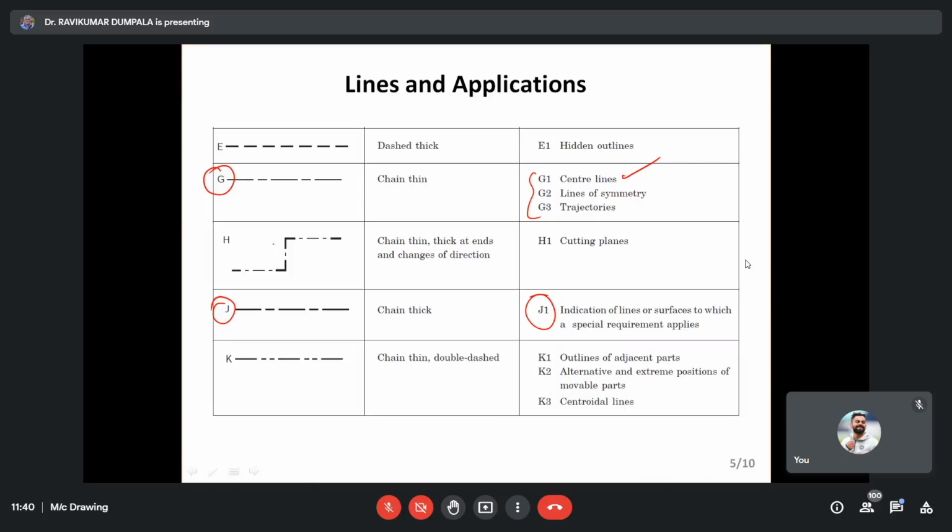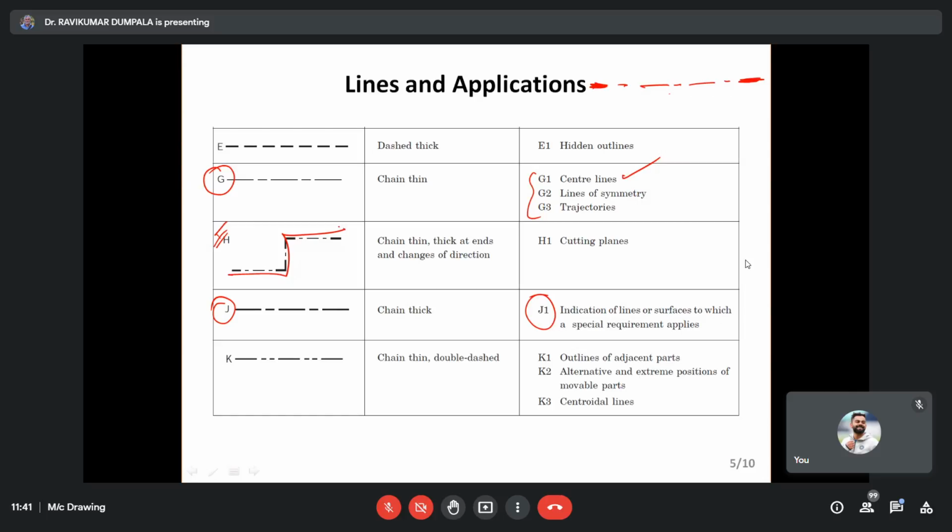Cutting planes. Mostly it is chain thin, but at the ends what you have will be darker. That is the cutting plane. Here they are shown like this because they change the plane of the section.